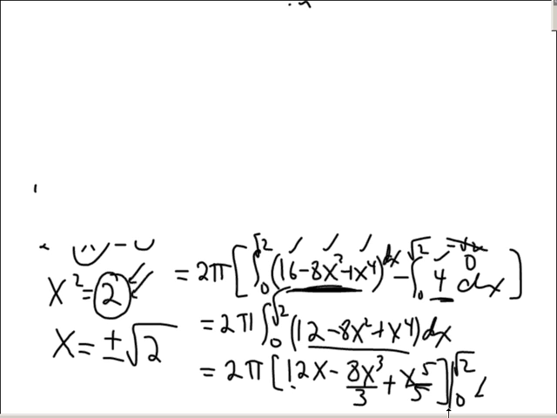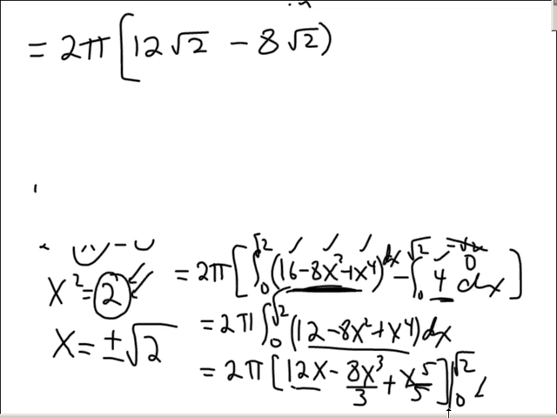Now copying the last line over, we have 2 pi, at least copying over the first part. Now, instead of x, we plug in square root of 2: 12 times x minus 8 times x cubed over 3 plus x to the 5 over 5, evaluated at square root of 2.